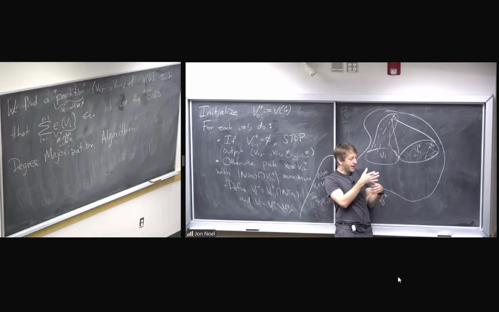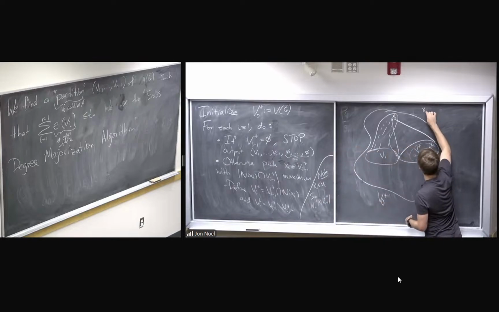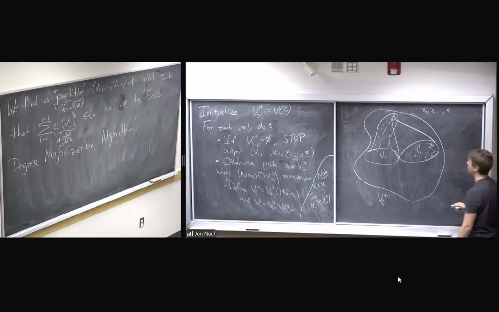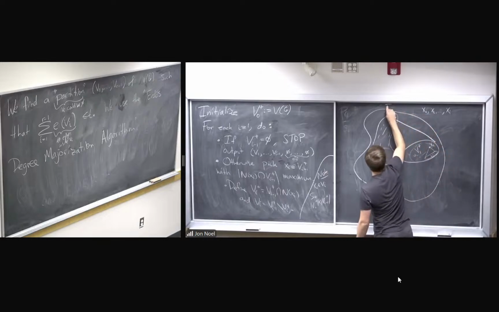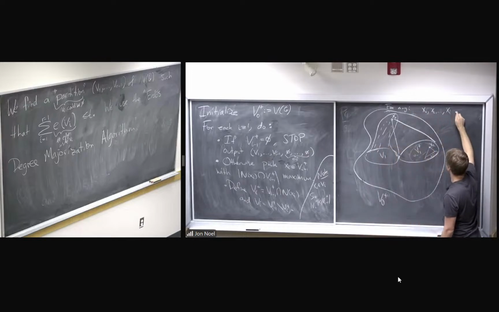So in fact, all of these x vertices make a clique. So for any i for which the algorithm is still running, they form a clique, a complete subgraph.